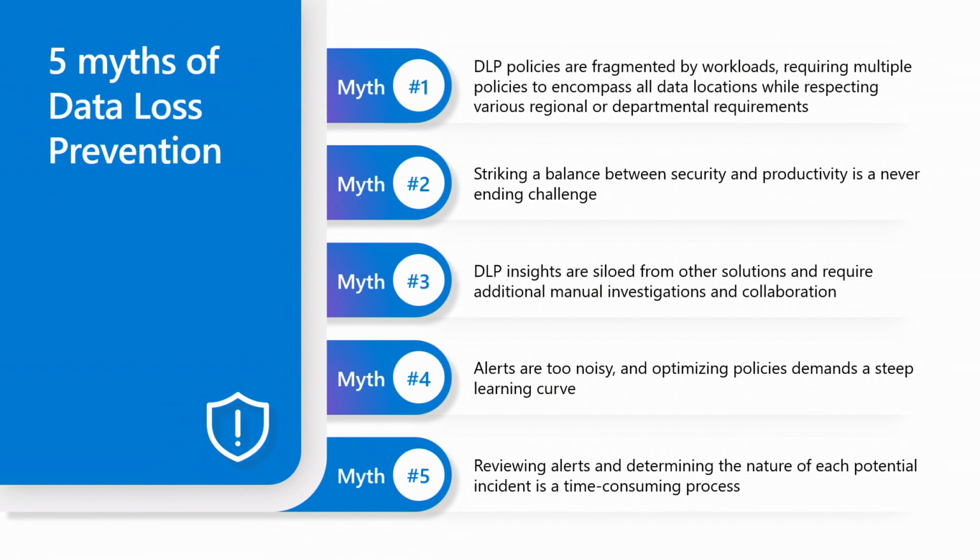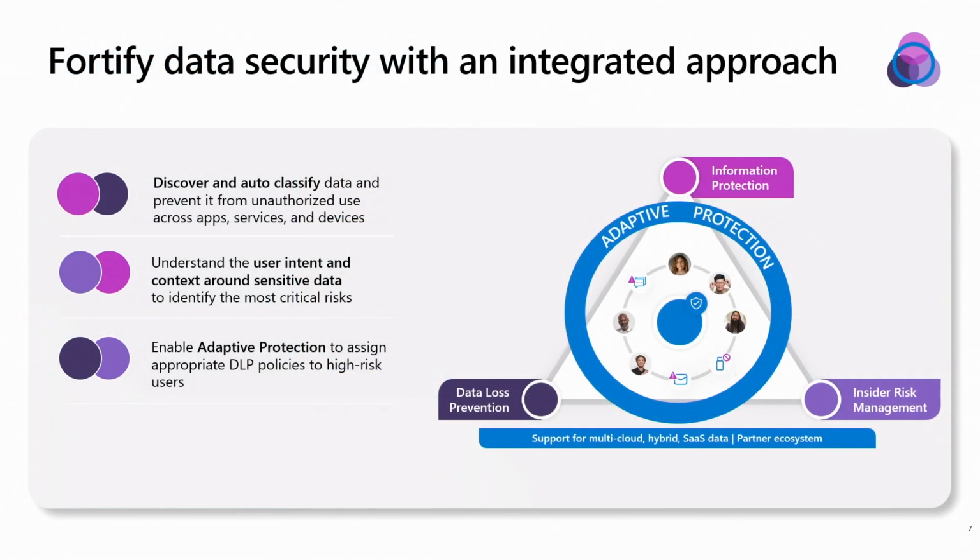Before we dive into the myths, I do want to set some context for you, because we are going to mention some other products that complement DLP to make it better. When we think about data loss prevention, it is about preventing sensitive data loss from risky user activities.